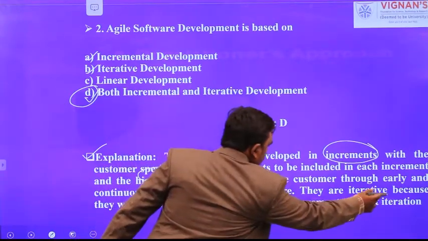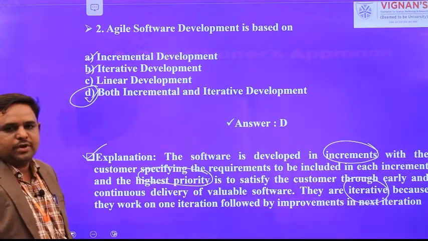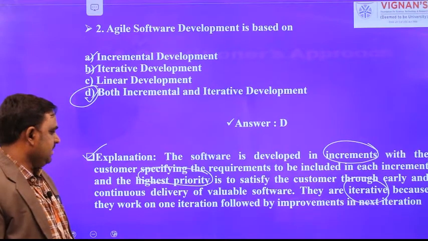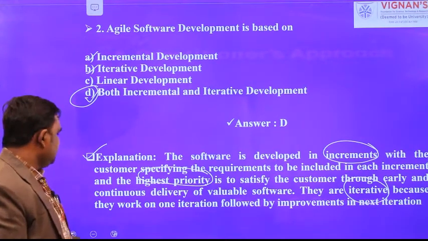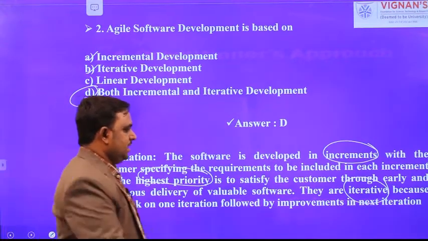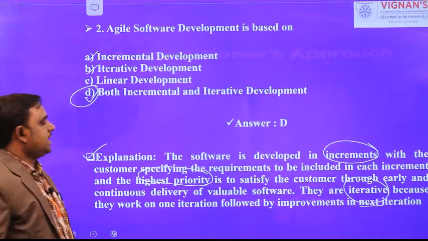And they are iterative, so we follow an iterative process, where we deliver the software level by level. They are iterative because they work on one iteration followed by improvements in the next iterations. So that is the second one.